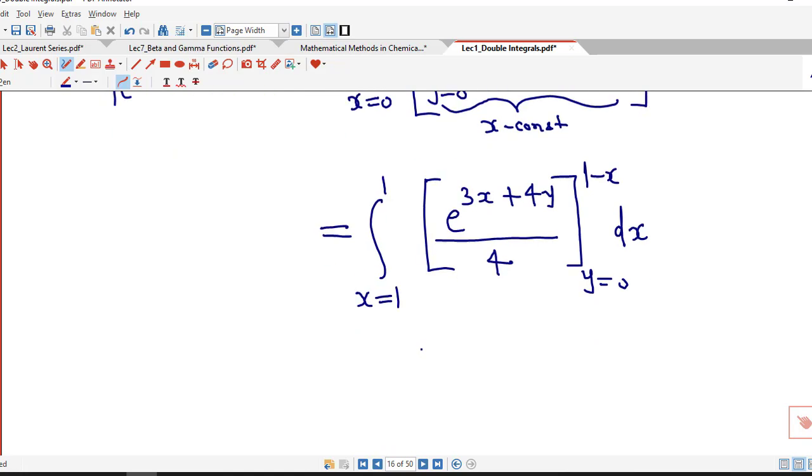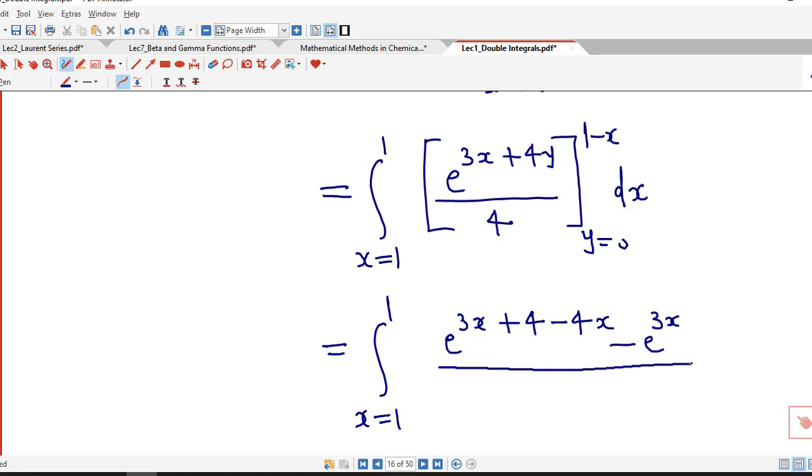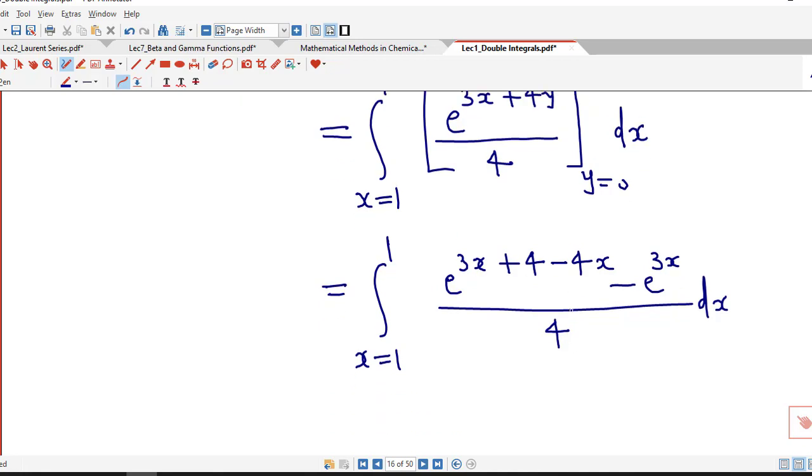So now we put the limits of y, 1 minus x and 0. The upper limit is 1 minus x. So first we put y equal to 1 minus x. So 4 into 1 minus x, that is 4 minus 4x, minus e raised to 3x plus 0, divided by 4, dx.